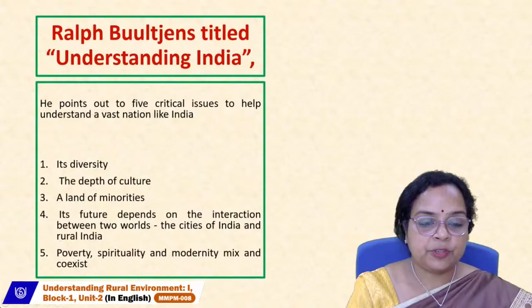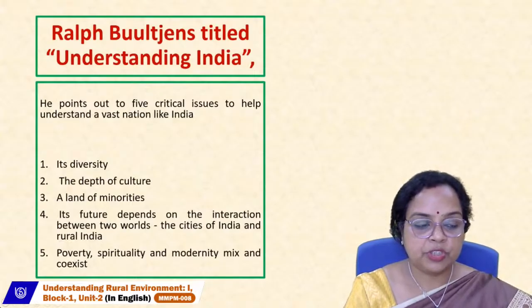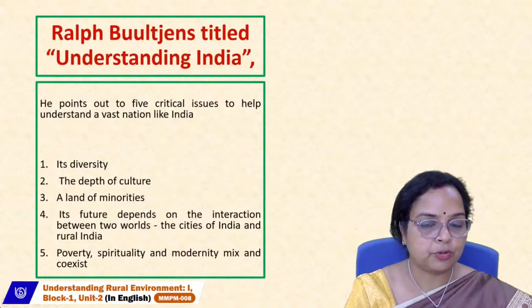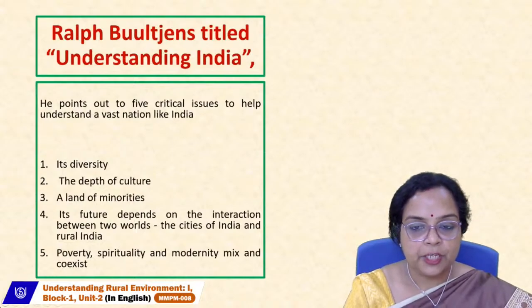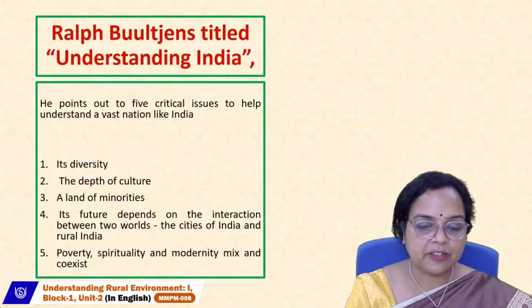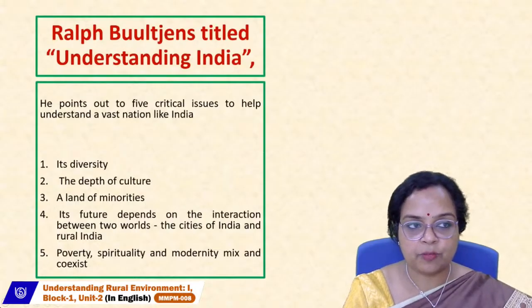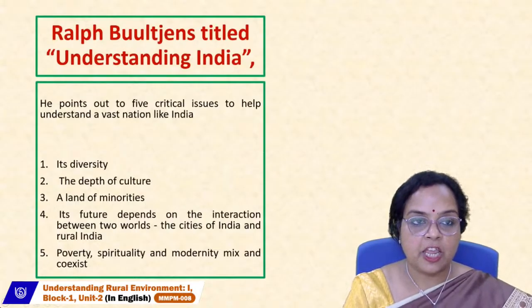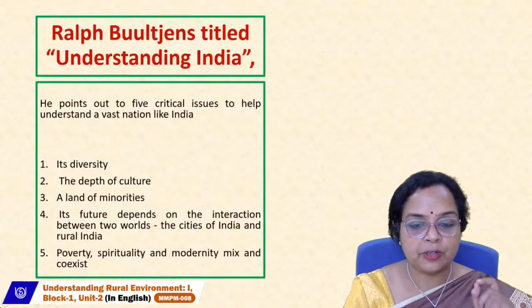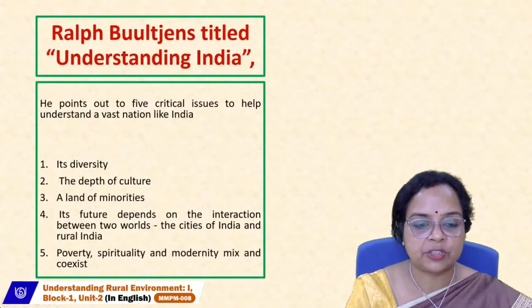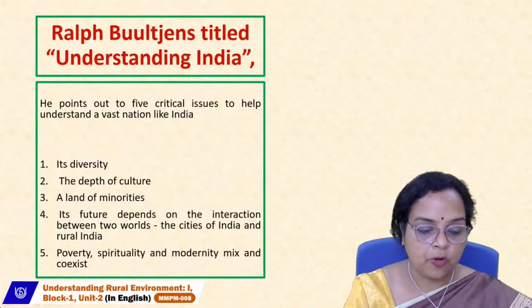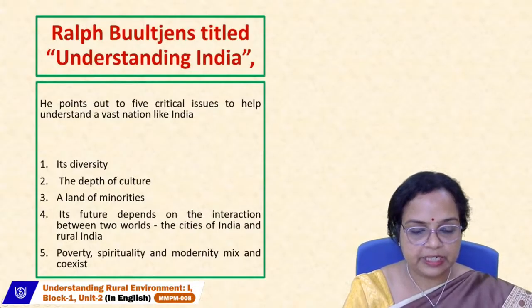Likewise, India's future depends on the interaction between two worlds, the cities of India and rural India. So beautifully it was written. You cannot avoid the rural belt of India. India can have success if there is harmony in the interaction between these two worlds, city India and rural India.